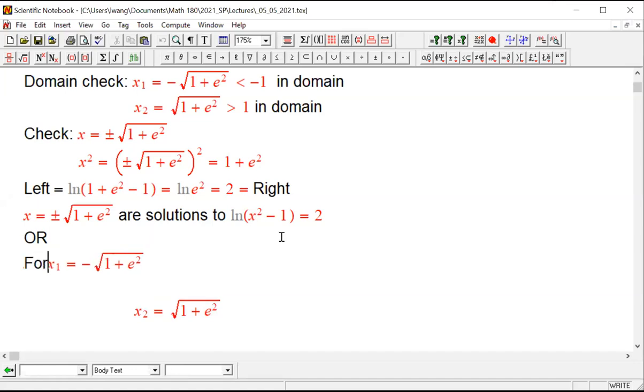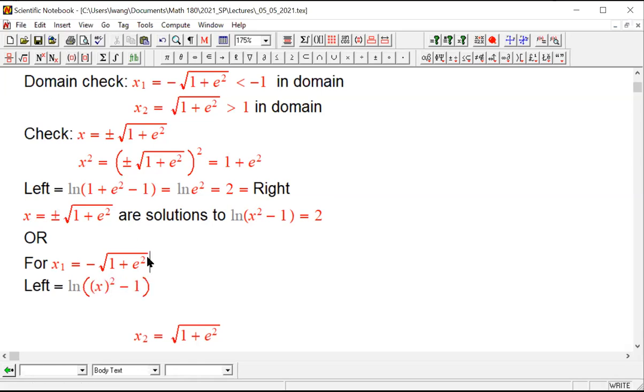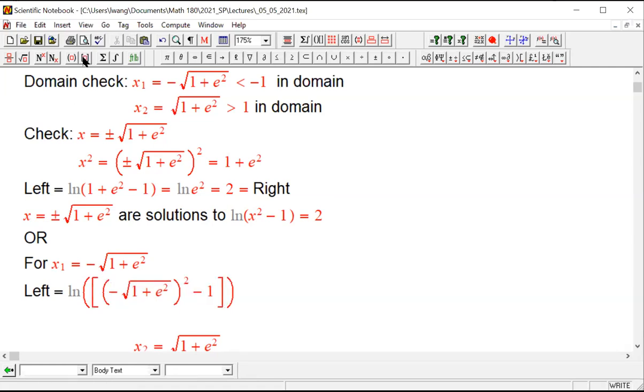You're going to say for x1, and then you go to the left-hand side, which is ln, so here you're going to have x squared minus 1, and your x squared is going to be this guy. You may want to put a bracket outside.